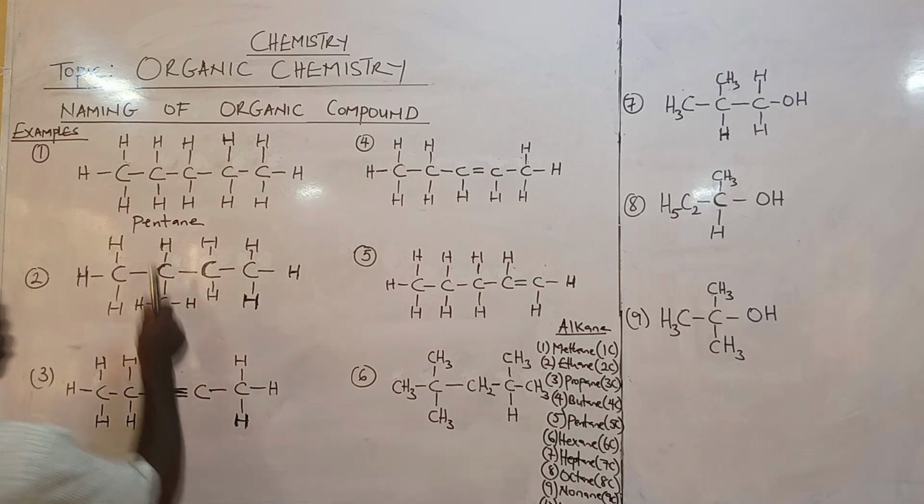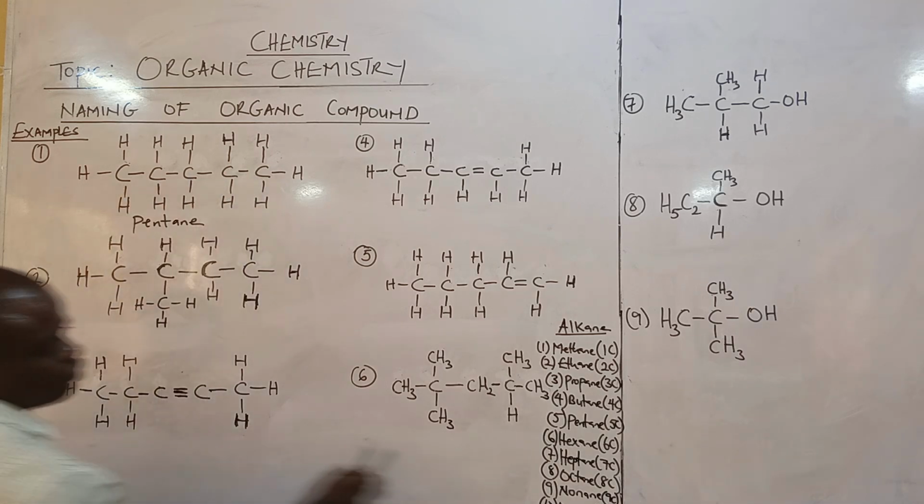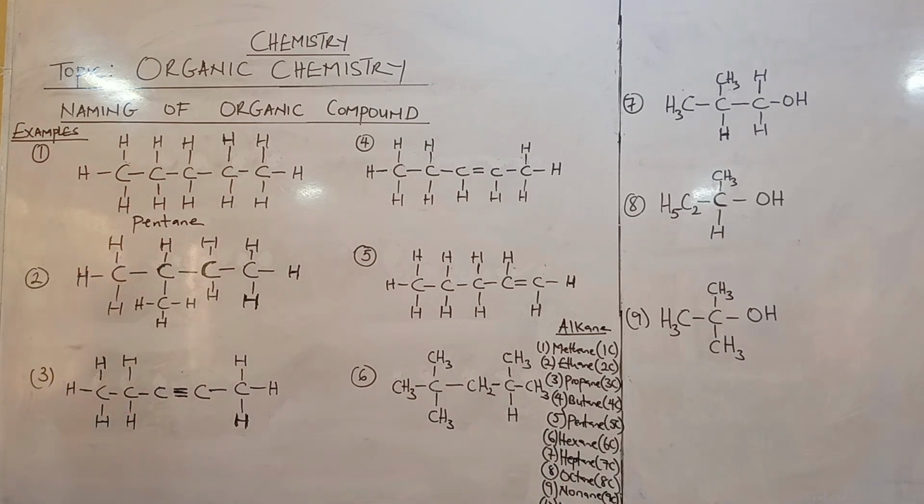Okay, now you can see 1 2 3 4 5, that's pentane, 5 carbons.